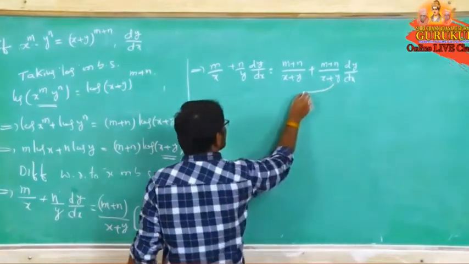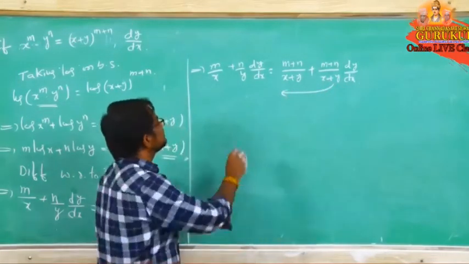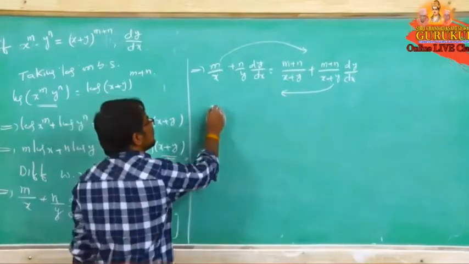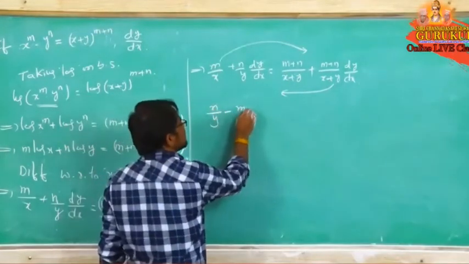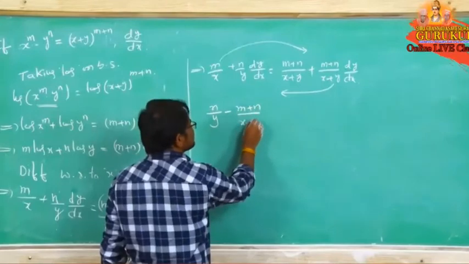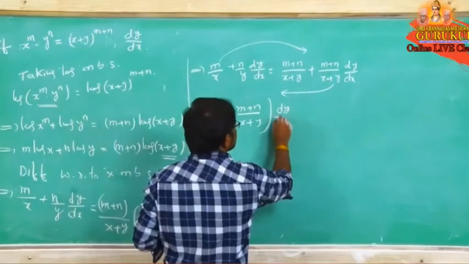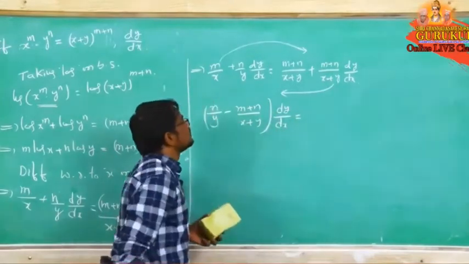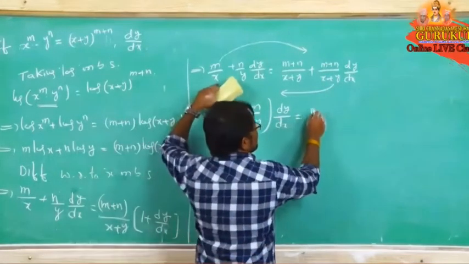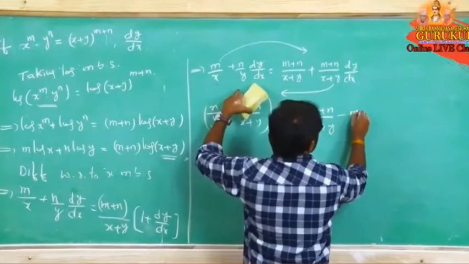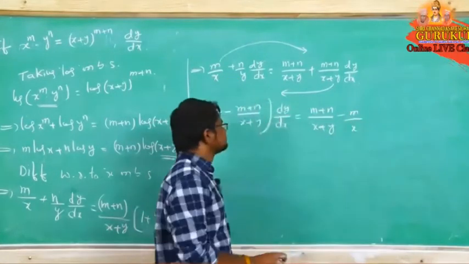Now this term bringing this side and this one take that side. Now n by y minus m plus n by x plus y into dy by dx equals m plus n by x plus y minus m by x.